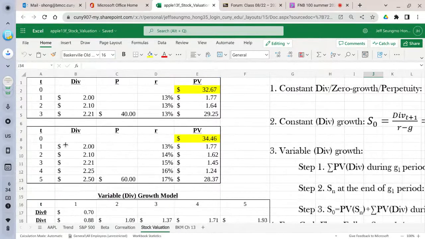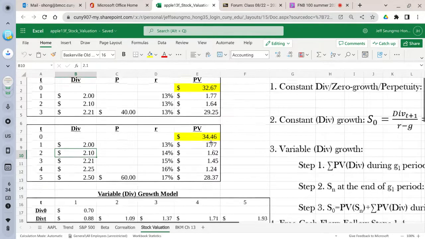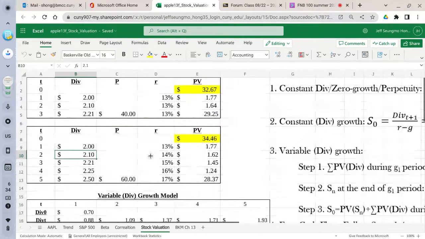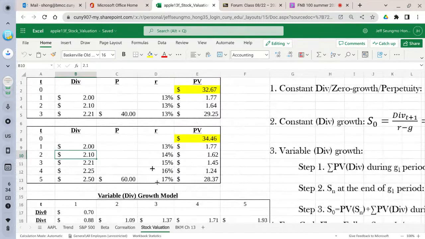So this is that example, the constant. I think it was this example. No. This is not our example. But it's not a big deal.